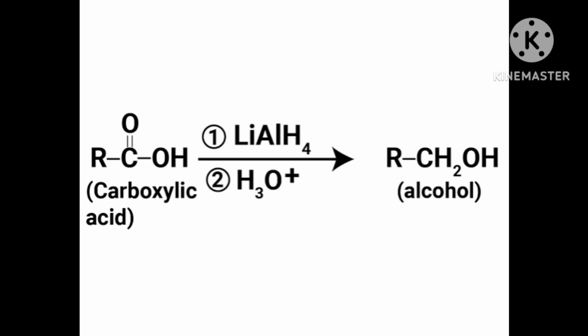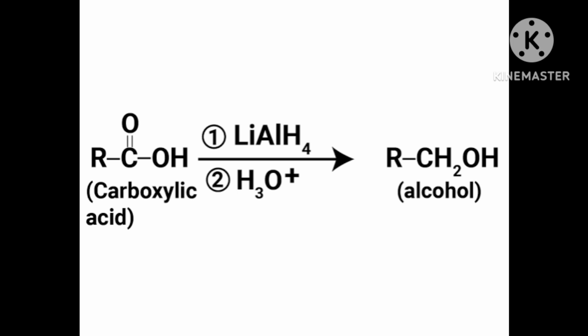It will go as H2O. Then one bond forms between nitrogen and carbon, because the OH bond is gone, then carbon will have a positive charge, because OH was having a negative charge, it went as negative.